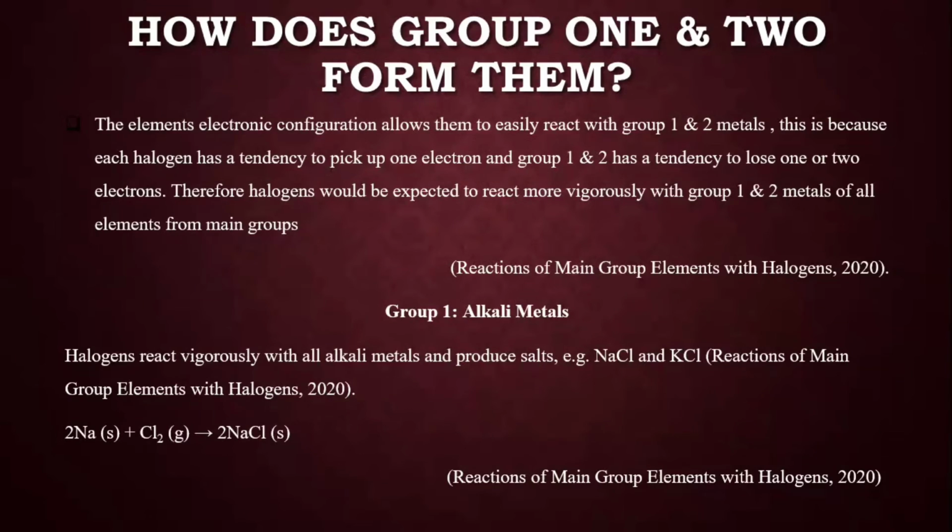Now, group 2 alkaline earth metals would tend to lose electrons, and halogen atoms tend to gain electrons, so they would react to form hydrated halides and are ionic, except for those involving beryllium, which is the least metallic of the group. And here we have a reaction example. We have 2Na plus Cl2 will give you 2NaCl, known as sodium chloride.